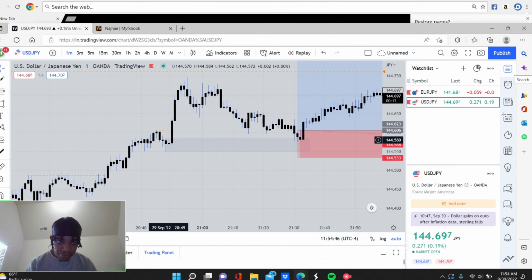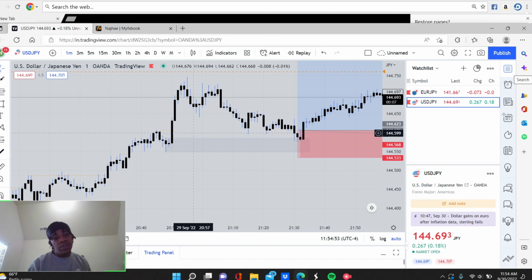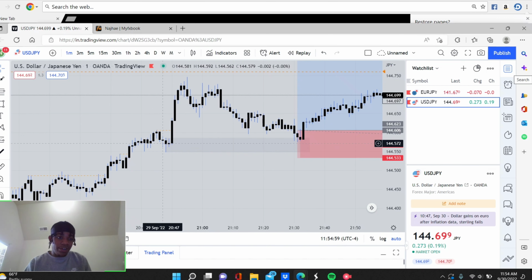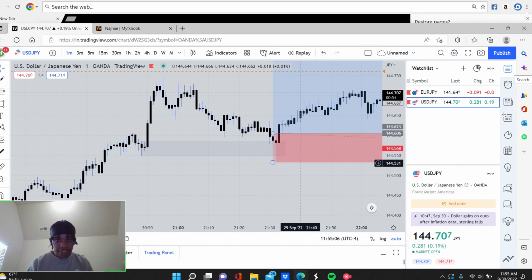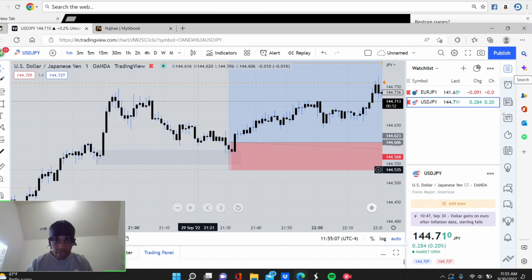Down move before the up move. Or you can use this move right here, because both of them have imbalance. But I like this one because it has volume. Also you want to find the candle that has a cleaner look, because that's the candle with the volume in it. So I used that zone.